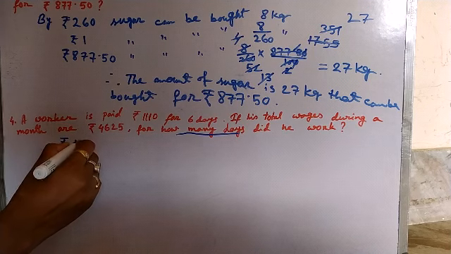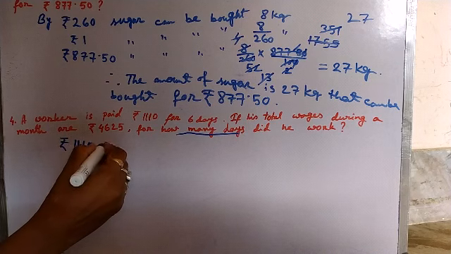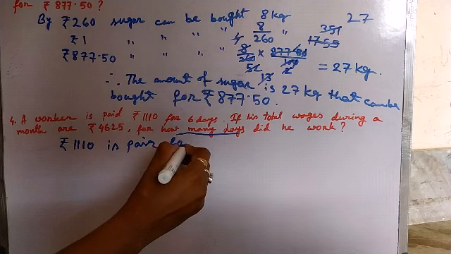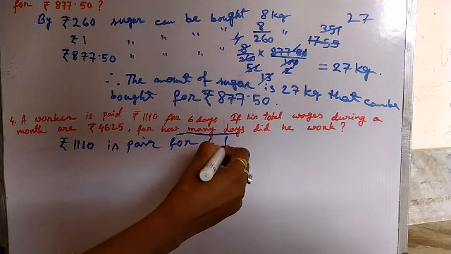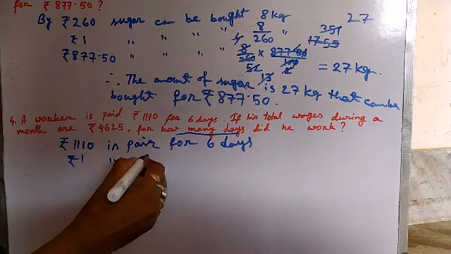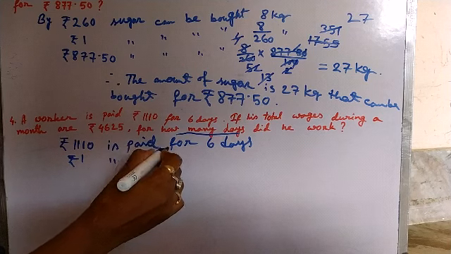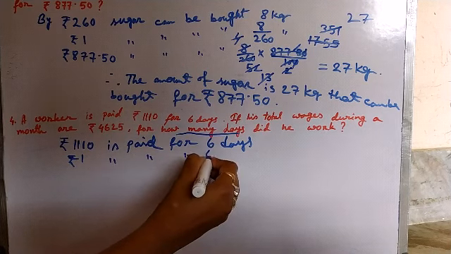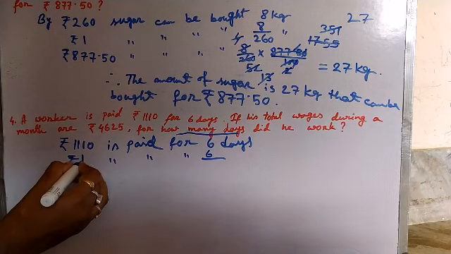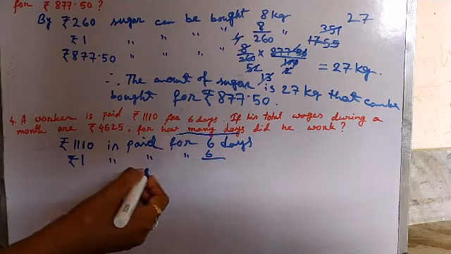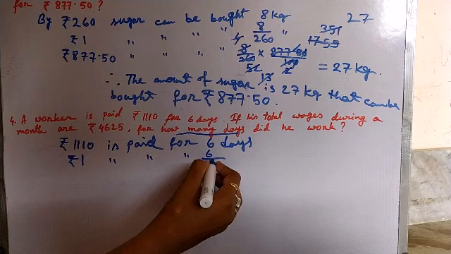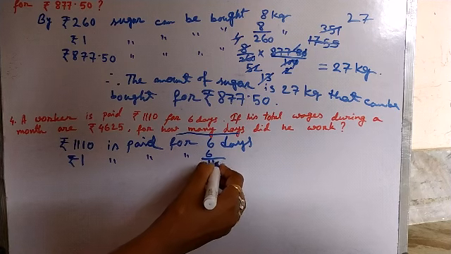Rupees 1110 is paid for 6 days. So rupees 1 is paid for, obviously it will be lesser, rupees 1, that money is paid for fewer days, that means 6 by 1110.